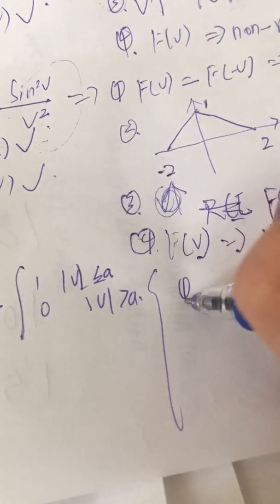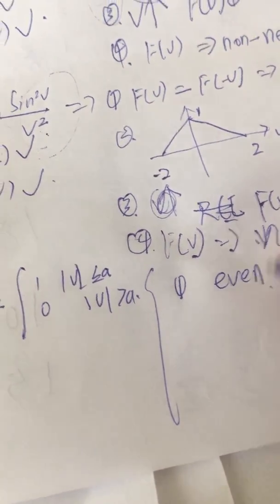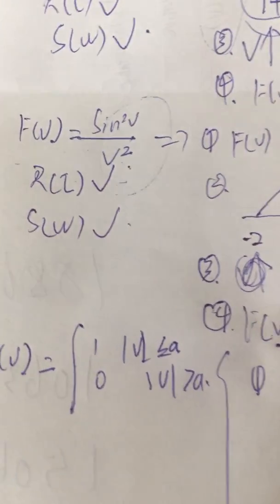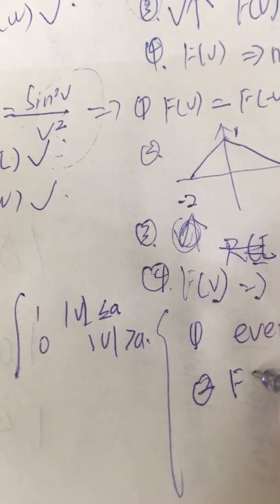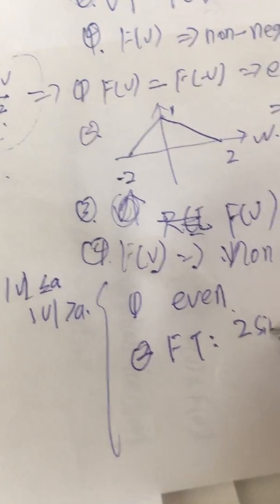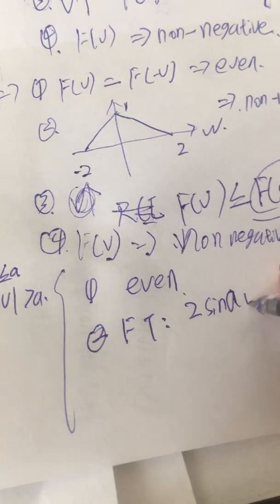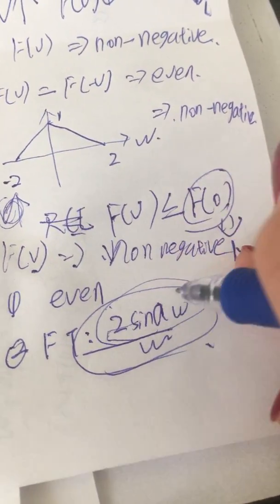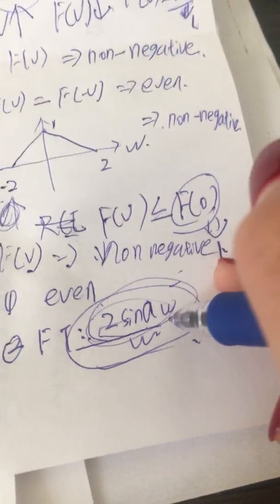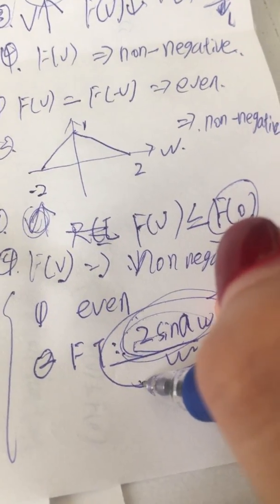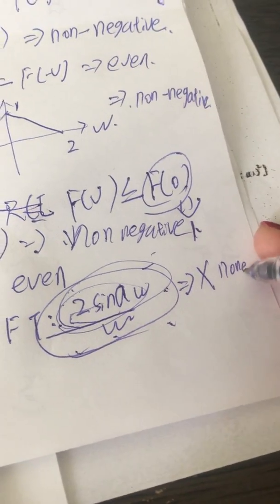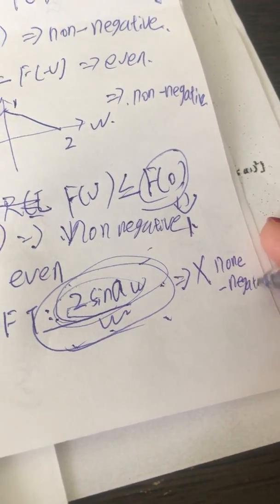So first we know it is even, and then for the Fourier transform of this function, because this one can be negative, the Fourier transform is not non-negative.